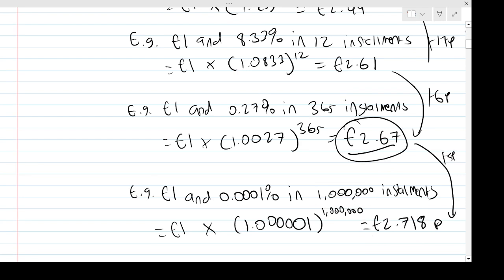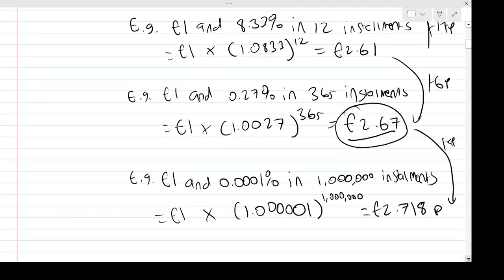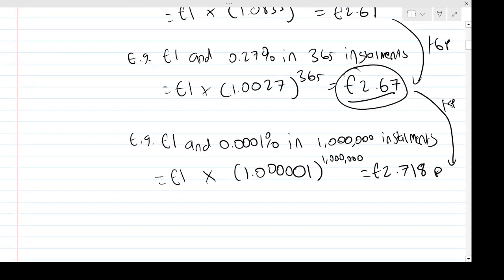So it really starts to fizzle out. And what happens is, if we keep splitting it into more and more installments, it tends towards a certain number. We don't get any more money, really. As we can see here, there starts to become a drop-off point.